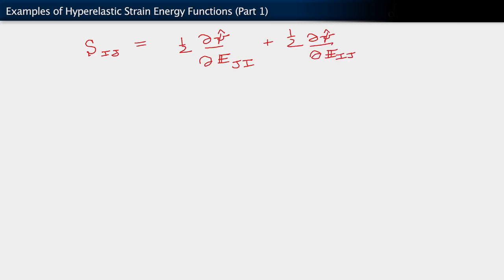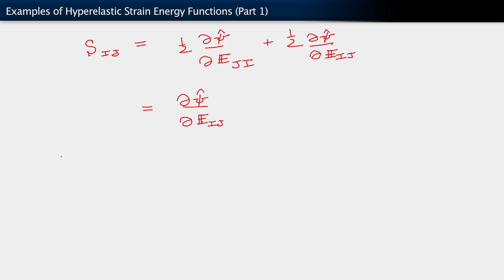Okay, but now E is symmetric, right? So we see that this basically is partial of psi hat with respect to E ij. We could have turned it around to ji. It doesn't matter because S is symmetric as well. Okay. All right. So we've demonstrated that.